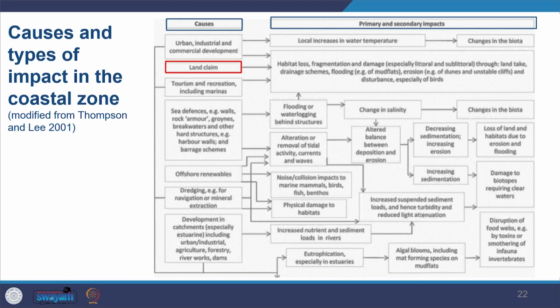And you would see that even tourism or recreational activities would lead to habitat loss, fragmentation, and damage of the littoral and sublittoral areas. So when you really take up the land, there are key impacts associated with reclamation. When you do reclamation, like you try to take more land for development purposes, that also has key impacts.